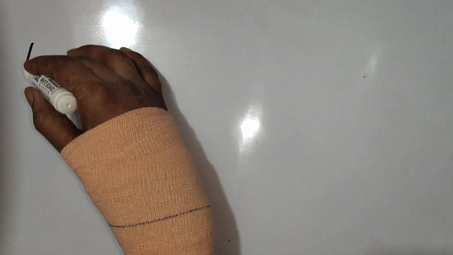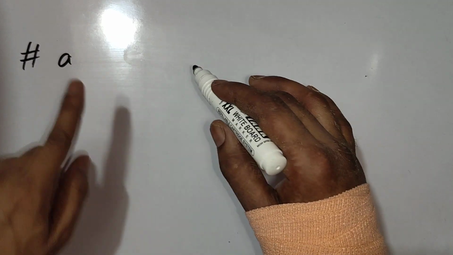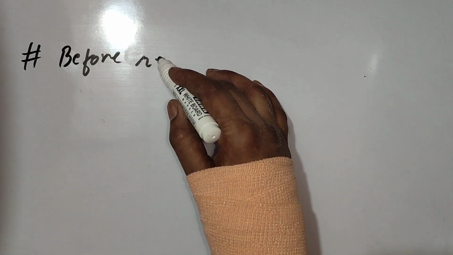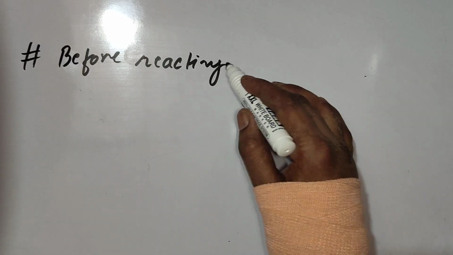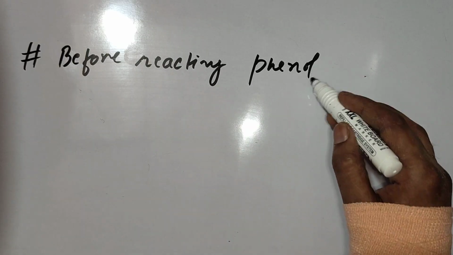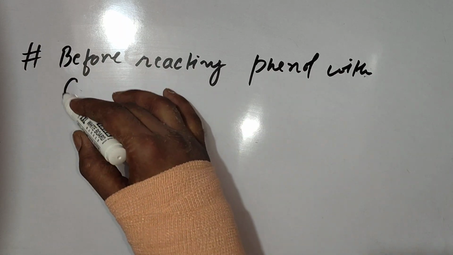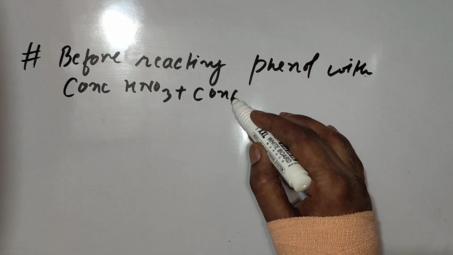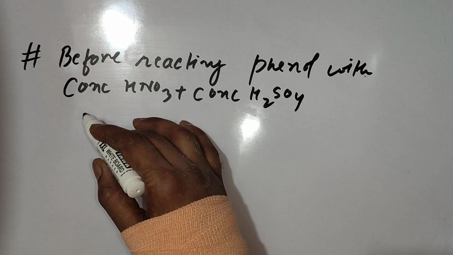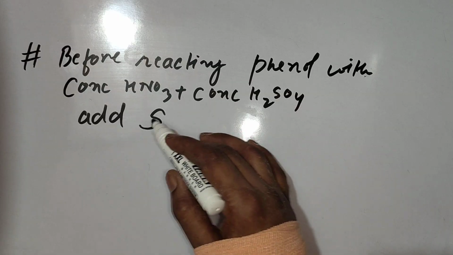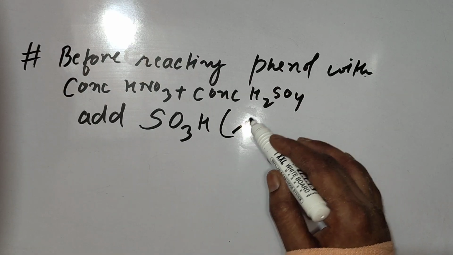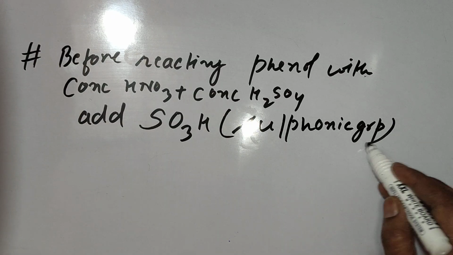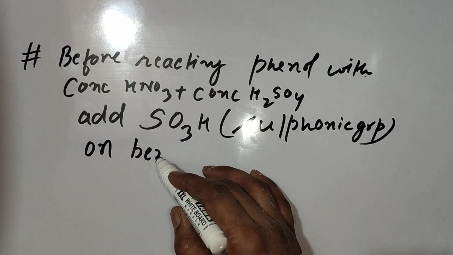The solution is, before reacting phenol with concentrated nitric acid and concentrated sulfuric acid, add SO3H, meaning a sulfonic group, on the benzene ring.